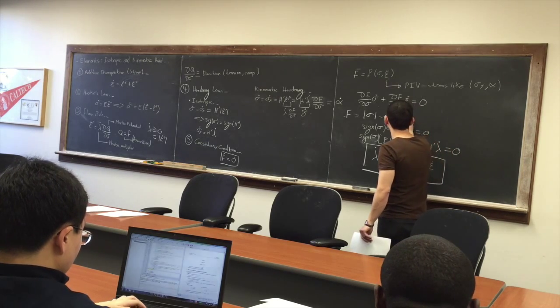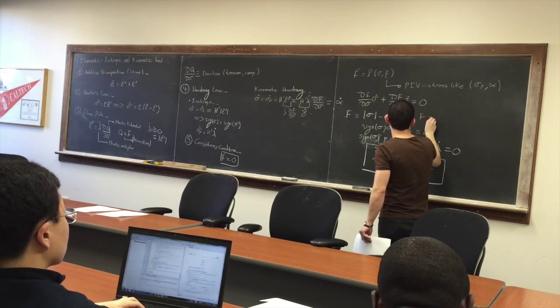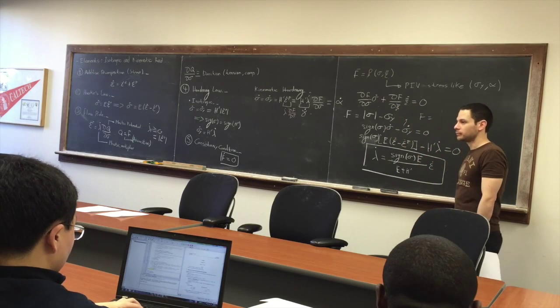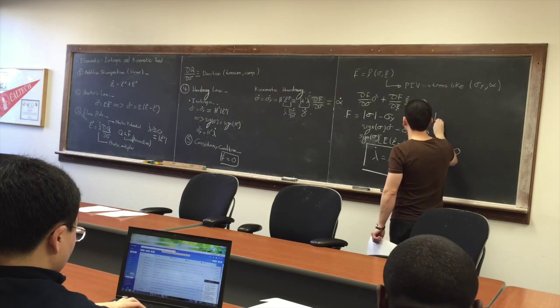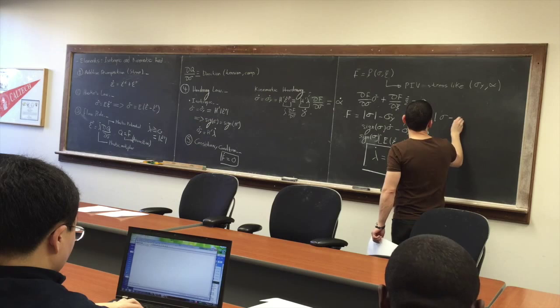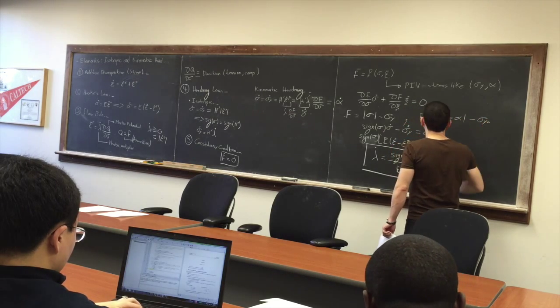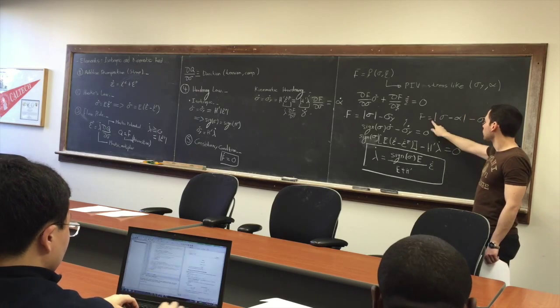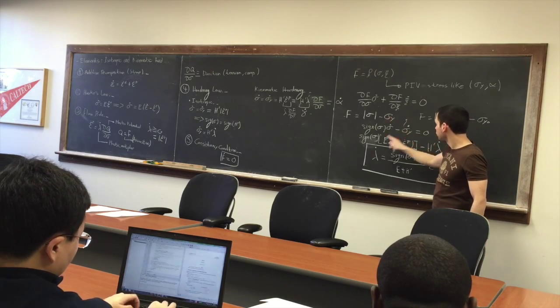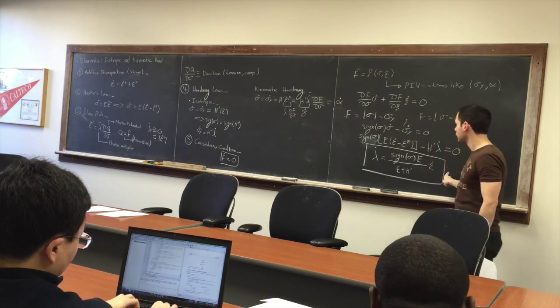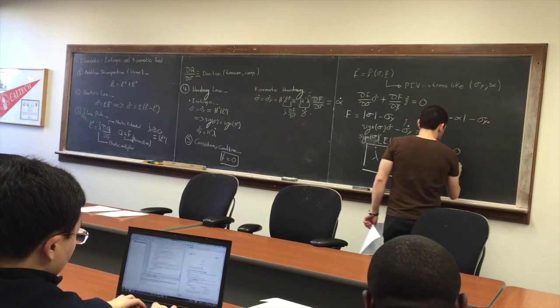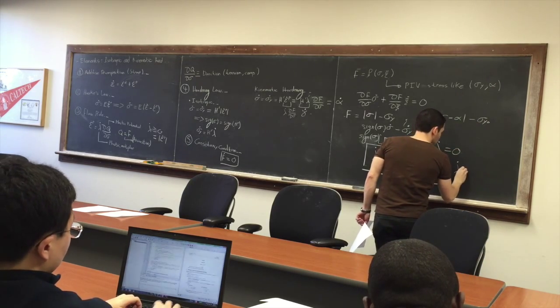In the case of kinematic hardening, we have that F is equal to the absolute value of sigma minus alpha minus sigma y naught. So following the same procedure, here we arrive at a similar expression.